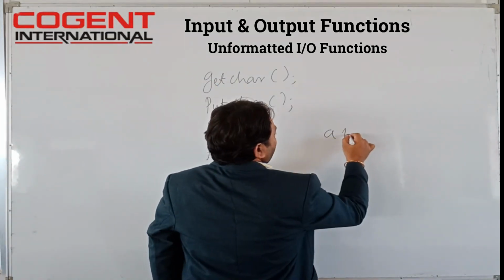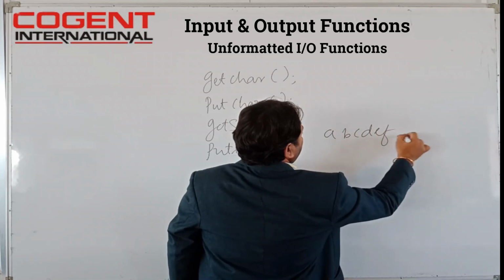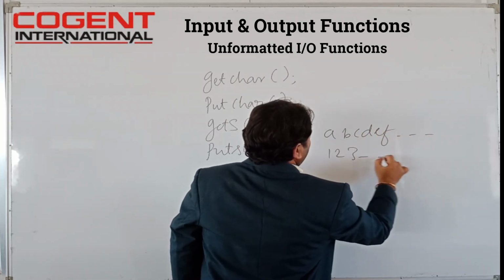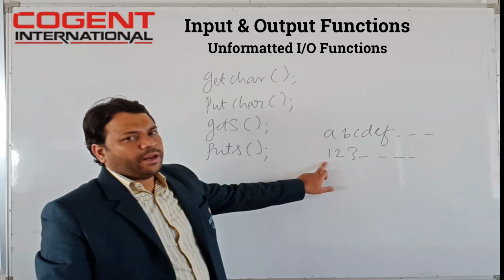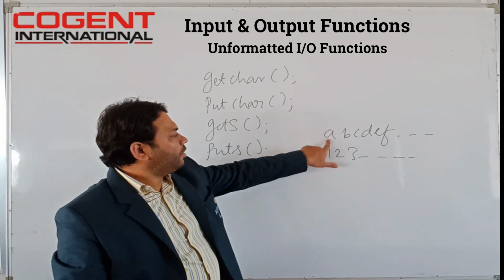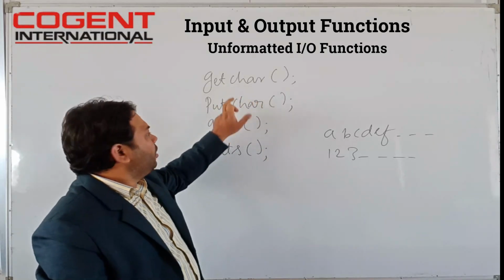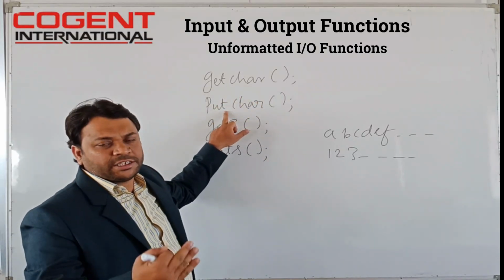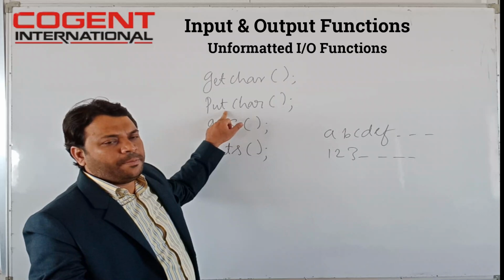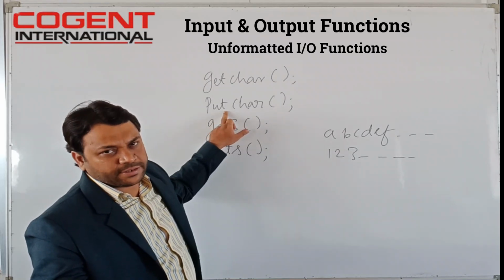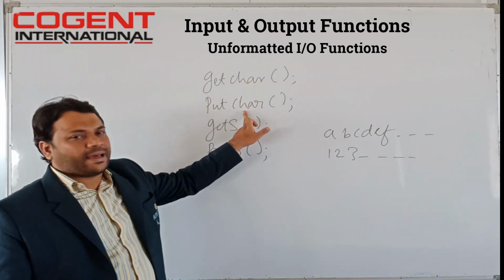So it may be A, B, C, D, E, F, 1, 2, 3, numbers, alphanumeric characters. It will read only a single character here. Okay, that is getchar. Putchar will display the character onto the standard output device here. So it is a single character here.